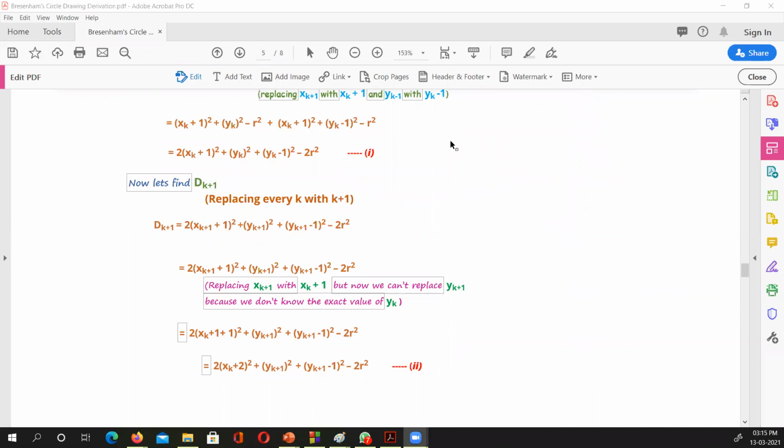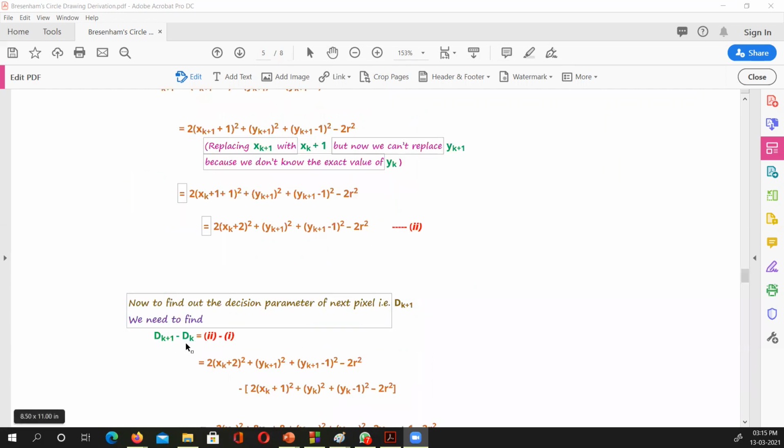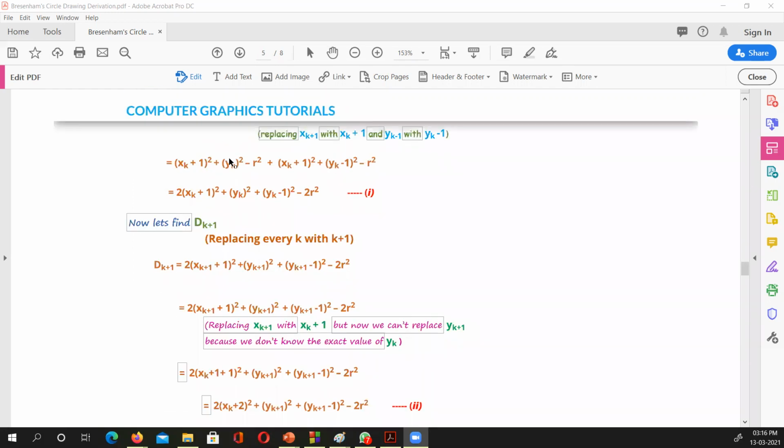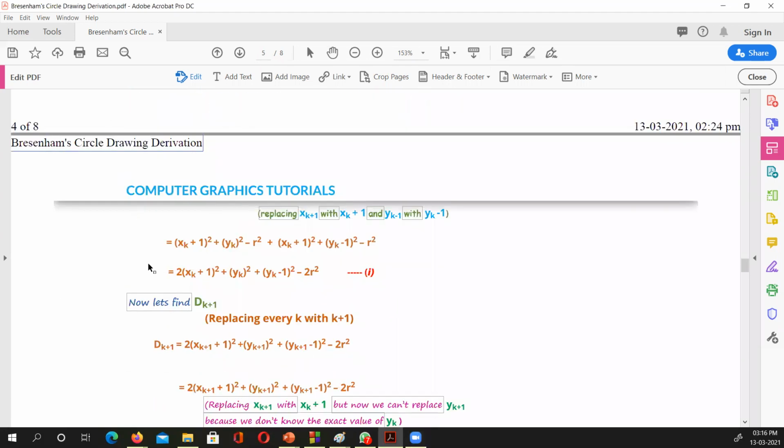This is my equation second. Now to find the decision parameter of the next pixel, d_(k+1), you have to subtract the second with the first, because d_(k+1) minus d_k will give you the next decision parameter, because d_(k+1) is this one.